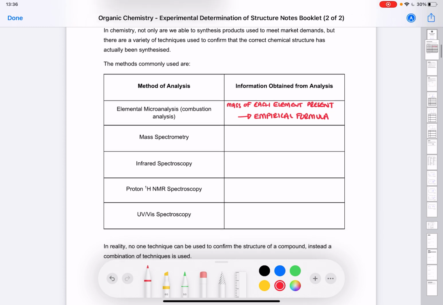For mass spectrometry, we can get information about the gram formula mass of the substance, and we can get some ideas about a possible structure.